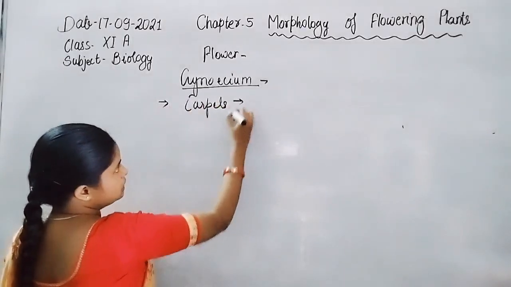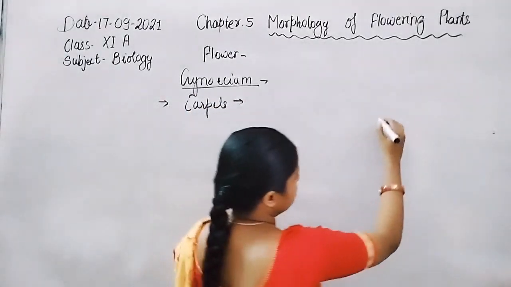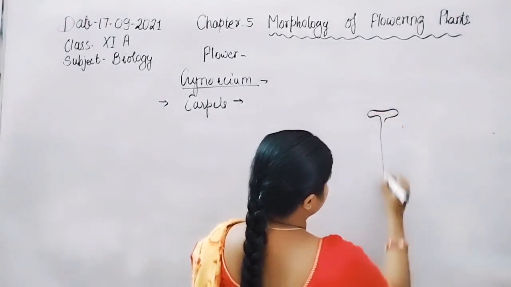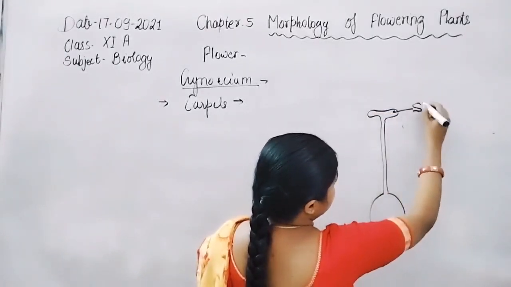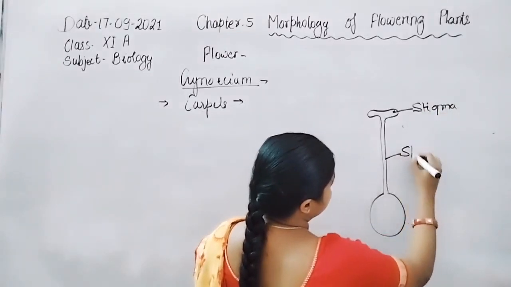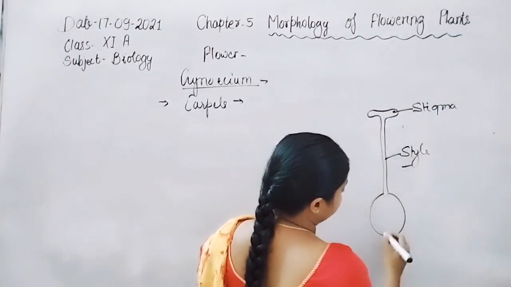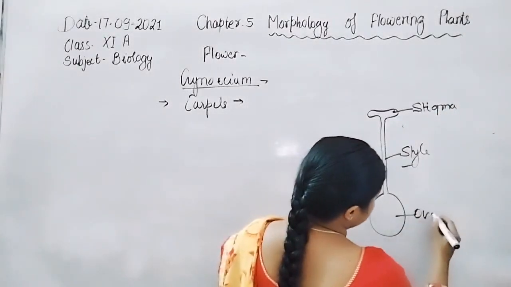The gynoecium has different parts responsible for fertilization: the stigma functions as the receptor, the style transfers the gamete towards the embryo sac, and this one is the ovary.